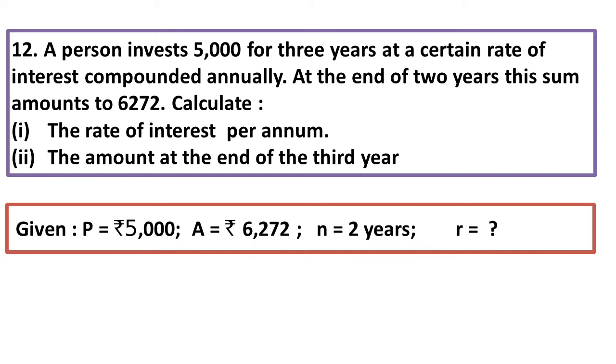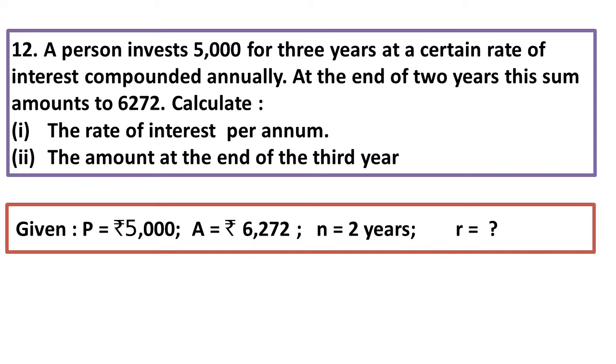Question number 12. A person invests rupees 5000 for 3 years at a certain rate of interest compounded annually. At the end of 2 years, this sum amounts to rupees 6272. Calculate the rate of interest per annum, the amount at the end of the third year.